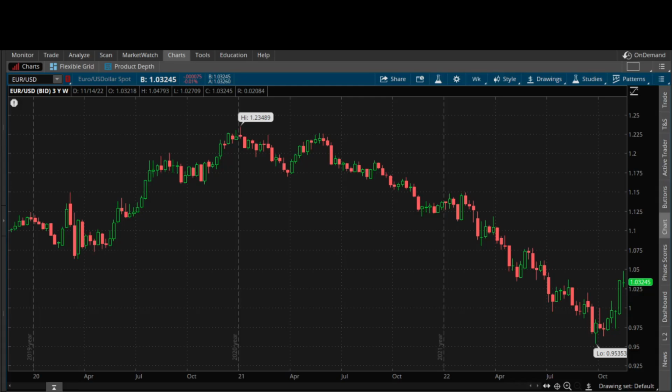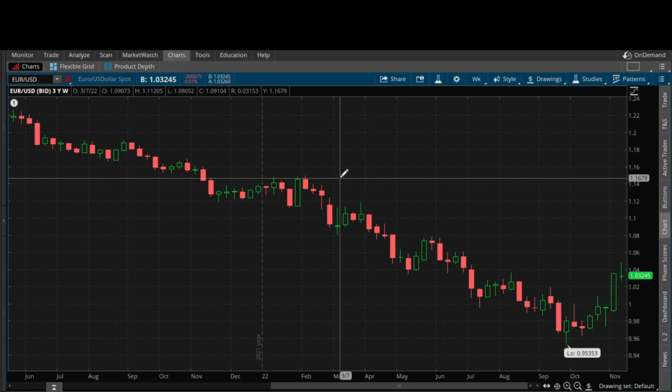So we're looking at a chart of Euro USD right now. The date I'm on currently is 11/19/2022. First things first, let's establish what a premium and a discount is. What does that mean exactly? What does a premium even mean? Put in the most simple way that I can, a premium simply means expensive.